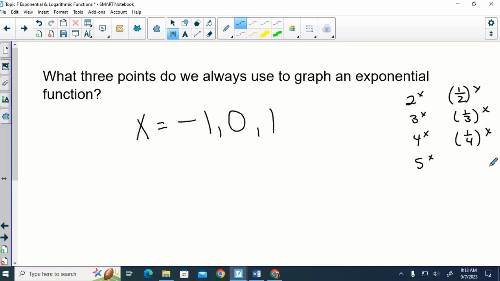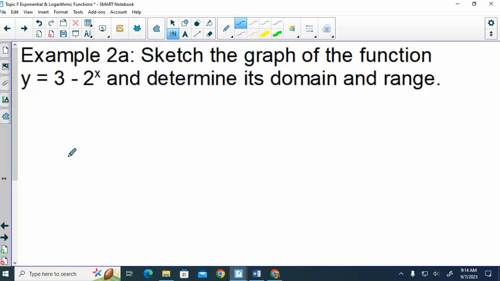Okay. So those would be our parent functions, and to get an idea of those graphs, we just plug in the points -1, 0, and 1. And then we can use all the same transformation rules that we were using in the last section. So if I wanted to graph this function, if you prefer, we could write this as a -2 to the x plus 3, if you want to flip the order around.